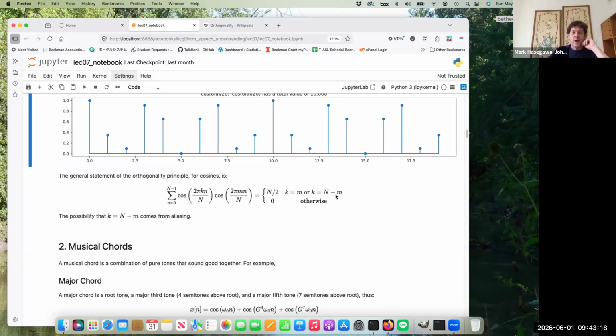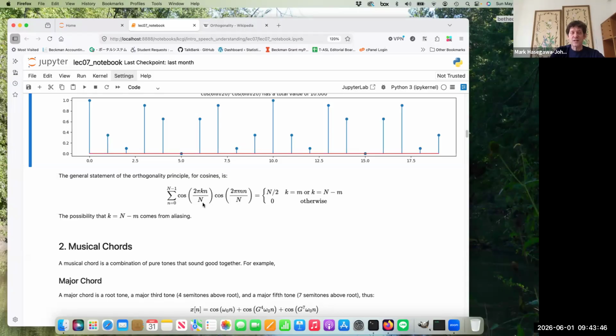All right, why is that useful? The reason that's useful is because if one of these cosines is an audio recording, a recording that we made with our microphone, and we're trying to analyze it, we can create this second cosine in Python. We can just generate a cosine, multiply it by the first signal and take the average.